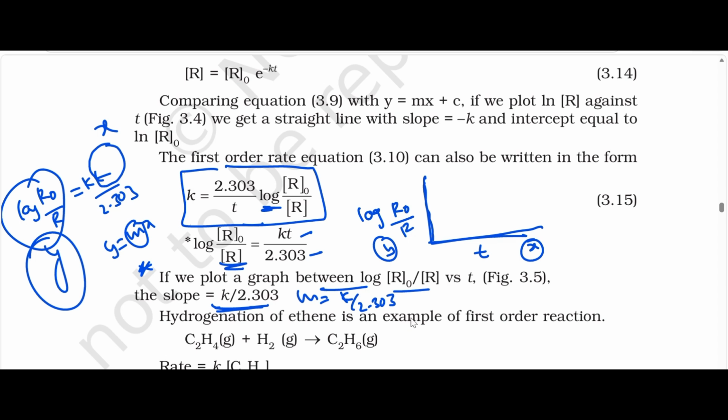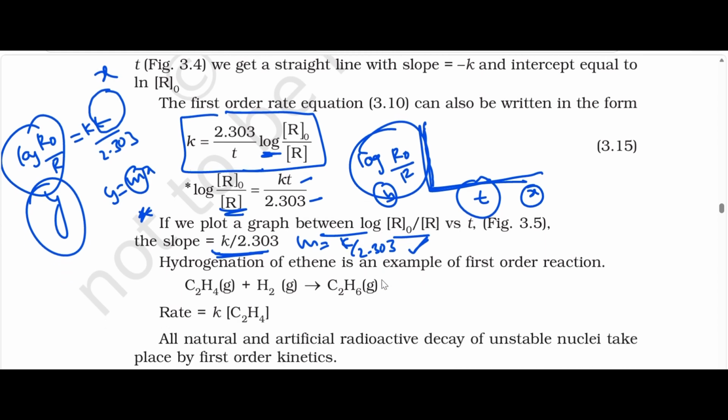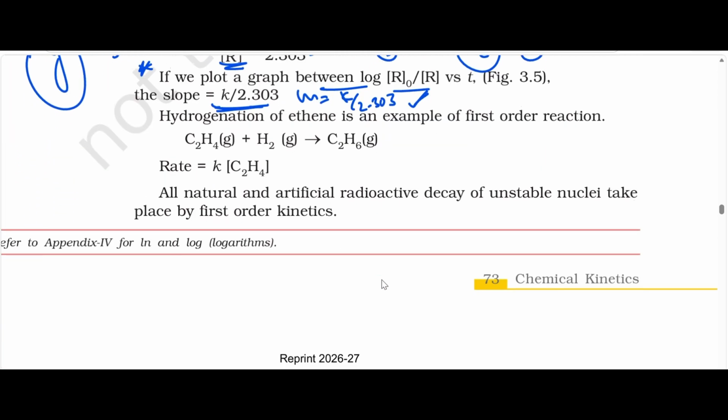Clear? So if they ask for the slope when the graph is drawn between log r naught by r versus t, it will be a positive slope. So m equals k by 2.303.